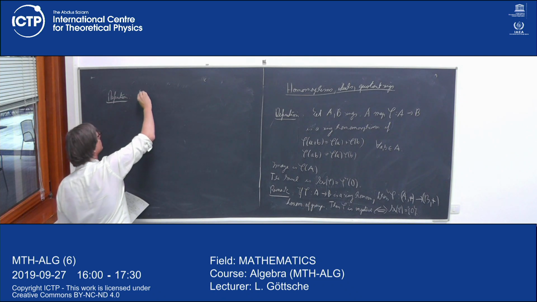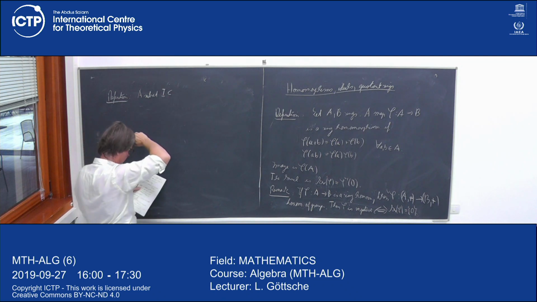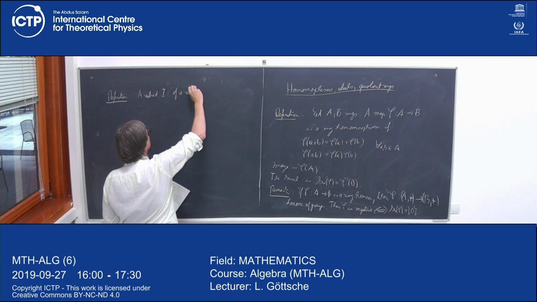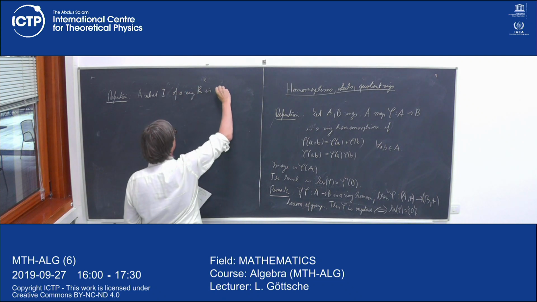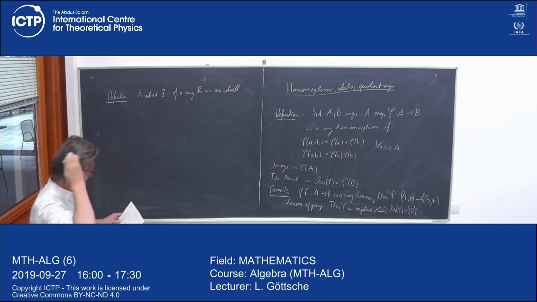So a subset I of a ring R is an ideal, and I only consider two-sided ideals.